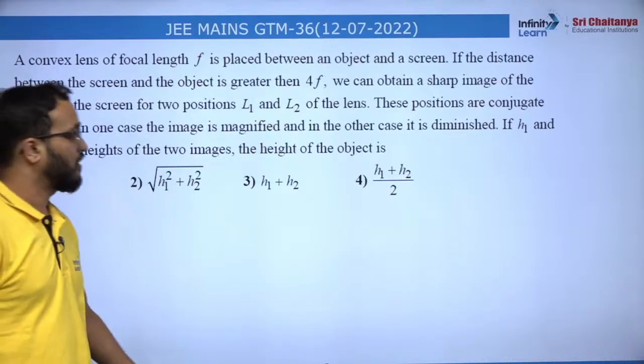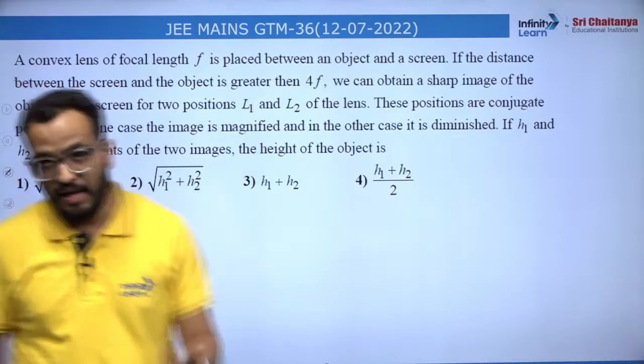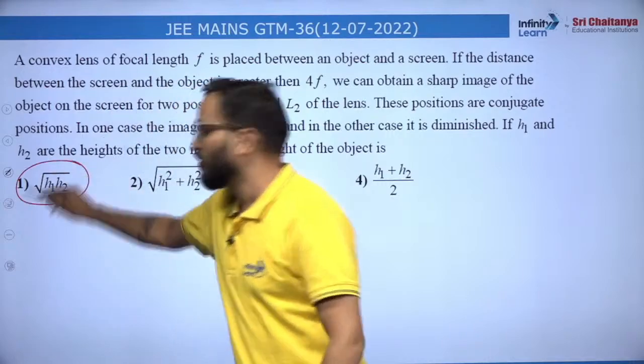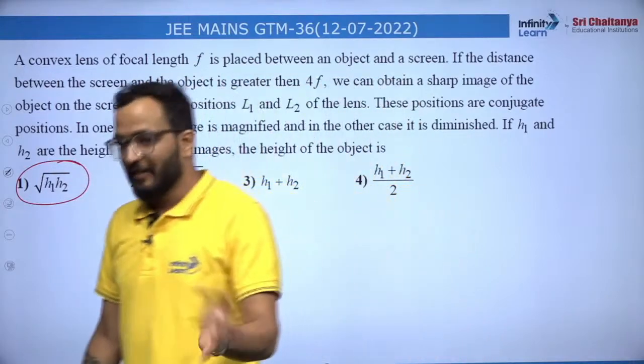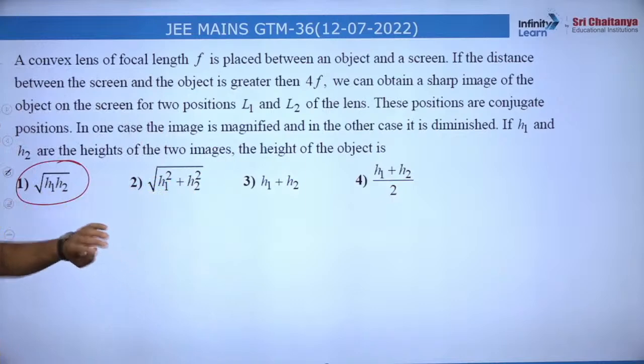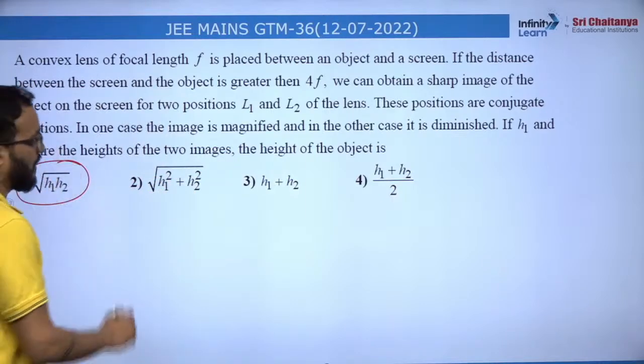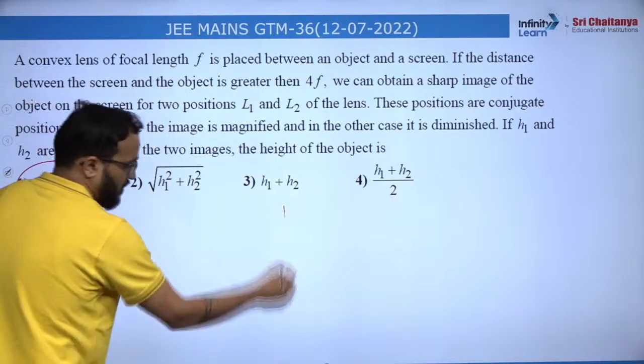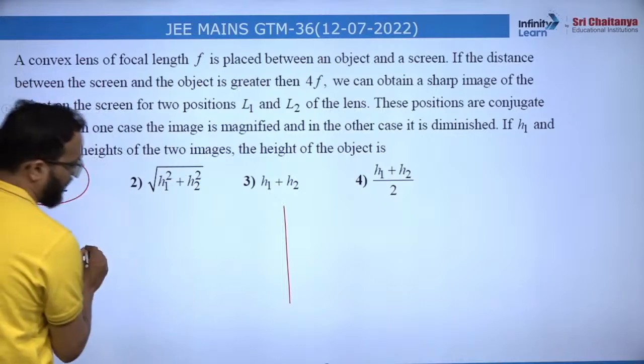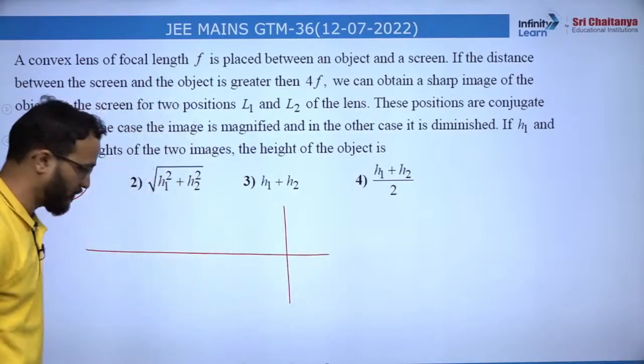Let's move on to this. First of all, I had to remember this thing, root over H1 H2. With a lot of practice we have done these things, but what we can do is we will say that if this is the screen, so image is obtained on the screen, that means the image is real for sure.